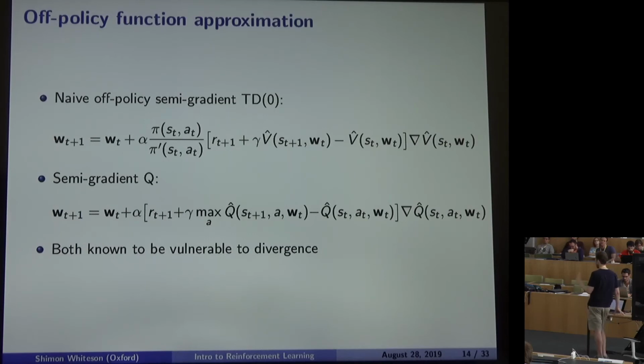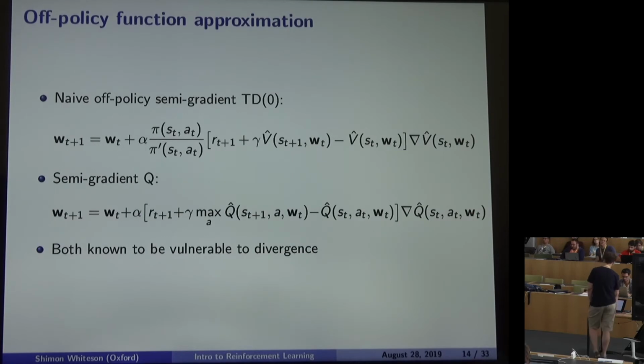Okay, when we want to do off-policy learning, remember Sarsa is a control method, but it learns on policy, so we're learning about the policy that's used to gather the data. If we want to go off policy, then things become more complicated. There are two naive approaches.